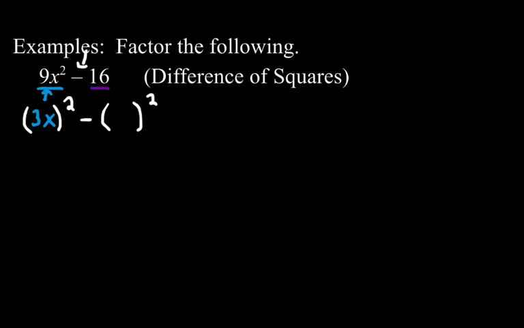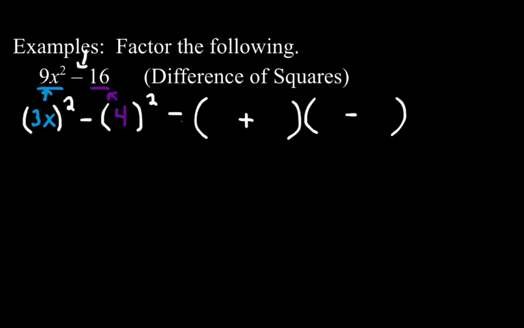Then we have the 16, and hopefully again that one is fairly easy. 4 times 4 equals 16. So that's what we're doing. We're replacing those two terms with the perfect squares. Once we have done this, we just follow the pattern. And here's what the pattern says. We're going to have a parentheses with a plus in it and a parentheses with a minus in it.